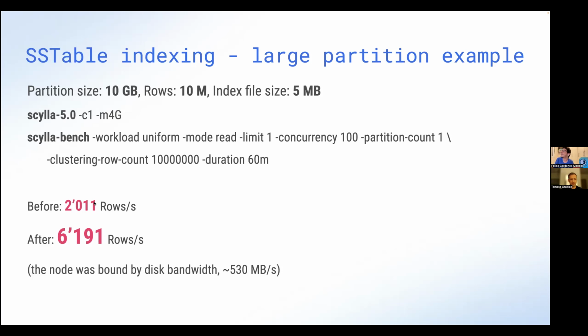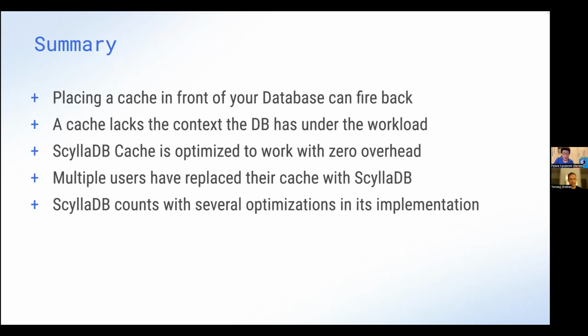All right. And this is pretty much what Tomek and I had to present. As a summary, we have discussed the potential hiccups of placing a cache in front of your database. We understood that an external cache lacks the context your database has for your workload and may turn your database-specific optimizations inefficient.